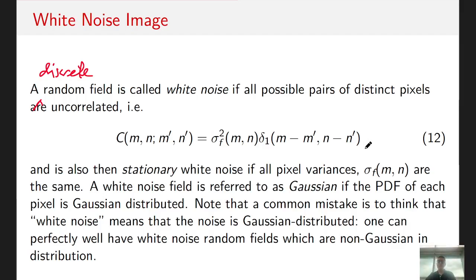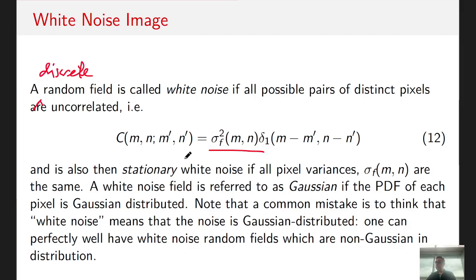So in other words, the same pixel, in which case your covariance function boils down to 0 everywhere apart from the diagonal elements, which are the elements A and B, so basically A and A, right? So where m dash n dash is equal to mn, you're looking at the same pixel, and so the covariance matrix then becomes all zeros apart from the diagonal elements, where you get the variance of intensity. So the covariance values give you the variance of intensity at the pixels of the image.